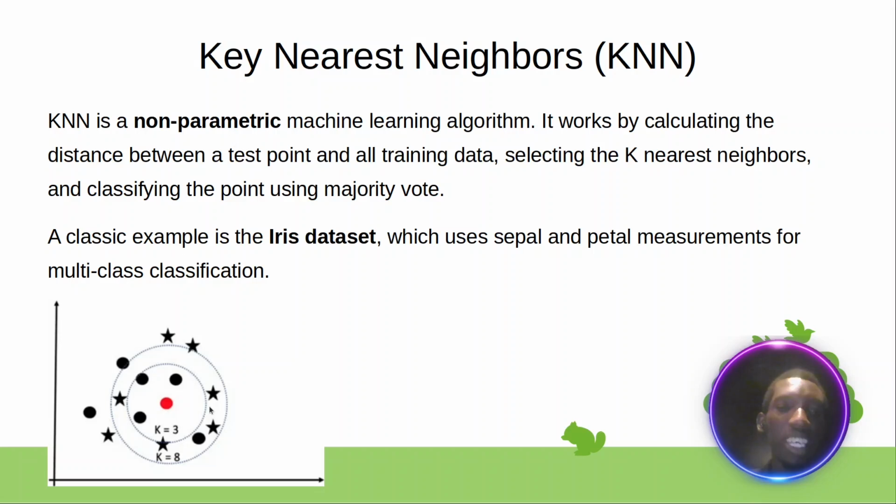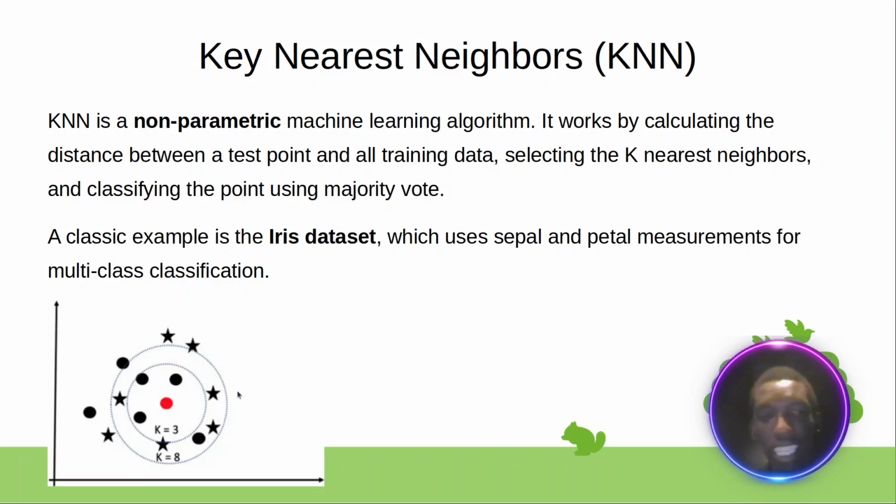So if k is equal to 3, and this is the plot of our data point that we're predicting currently, then most likely the machine learning model would predict this to be a circle. Then if we have k equal to 8, that means we are considering 8 nearest neighbors.